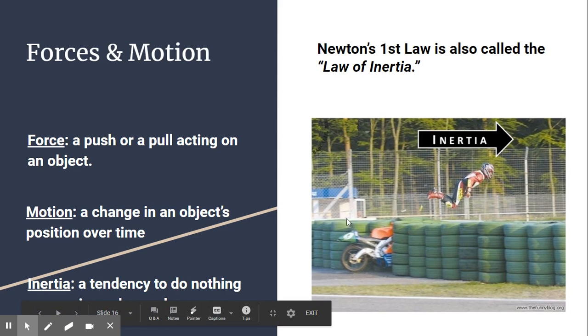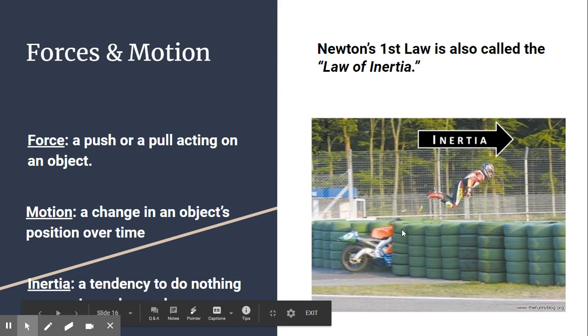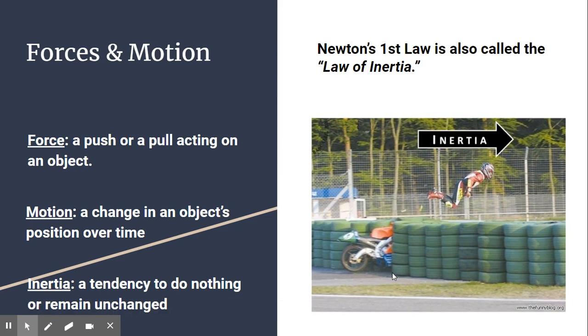So the person who was attached to the bike, sitting on the bike, still had inertia. They wanted to continue their movement, and no force had acted on them. And so as that force hits, the bike's motion is stopped, but the person's inertia continues moving forward, and the rider ends up flying off of their bike and continuing to the right until they complete their crash.